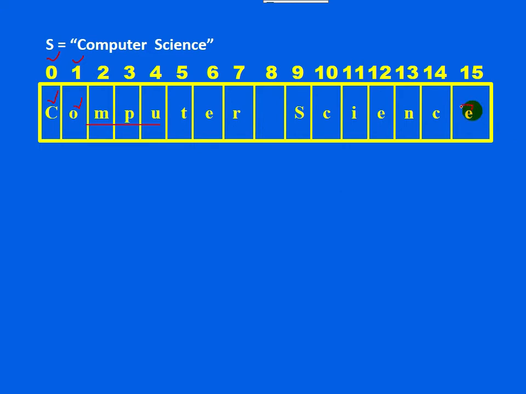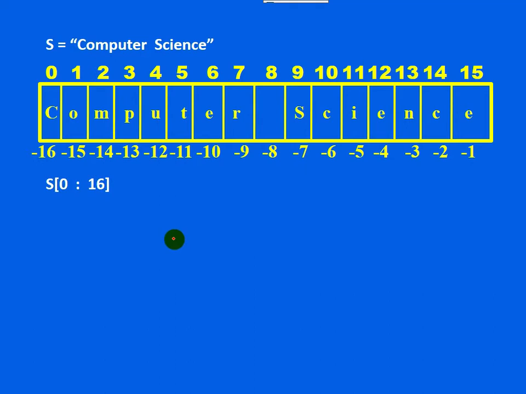For the last character, the index is the number of characters in this string minus 1. 16 characters are there, including the space character. So for the last character, the index is 16 minus 1, that is 15. Negative indexing is also there, so you can use minus 1, minus 2, minus 3, and so on.